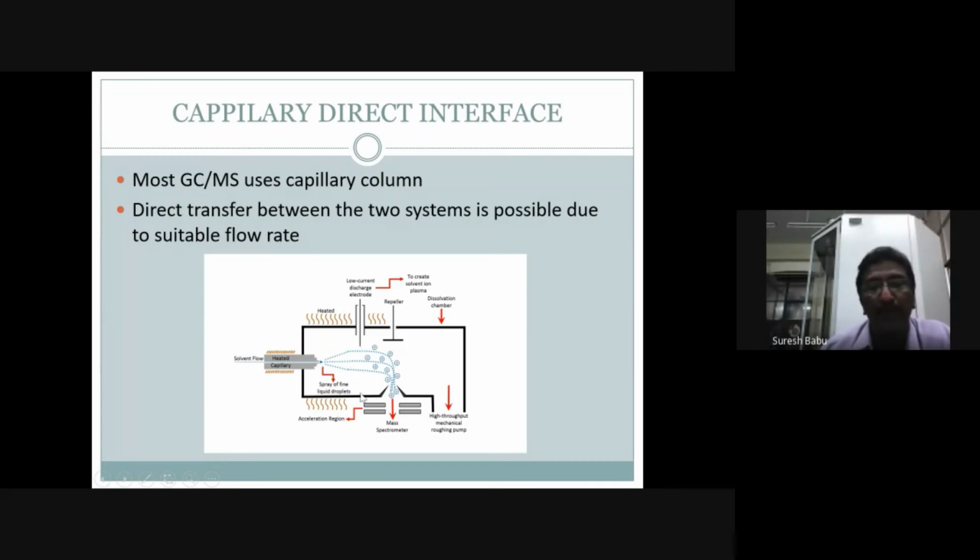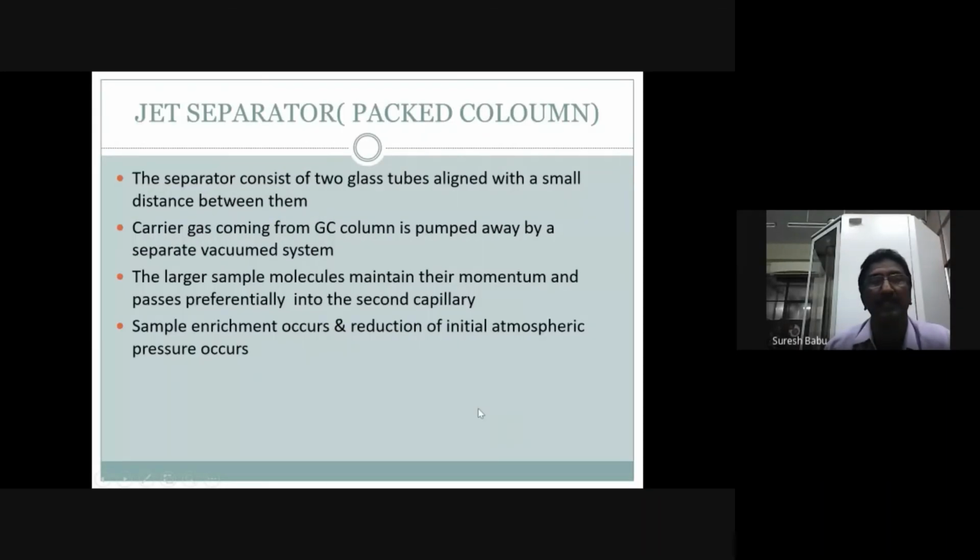Actually, it is sprayed into liquid droplets. So here the solvent, meaning our carrier gas, escapes, and the sample gets ionized and enters the inlet of the mass spectrometer.